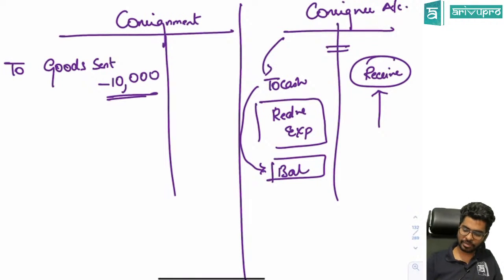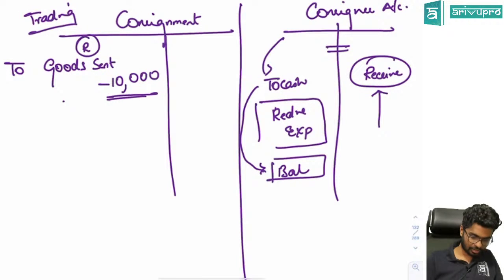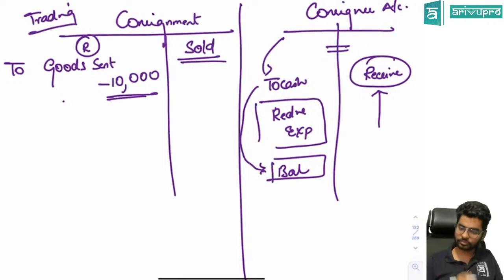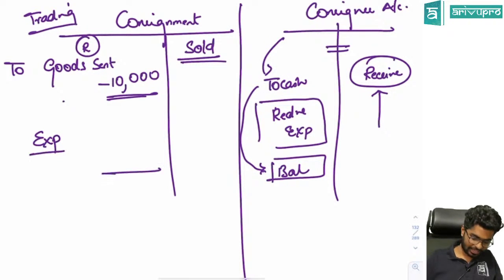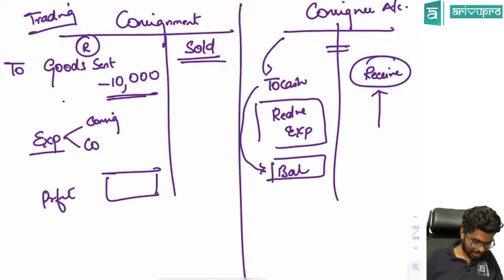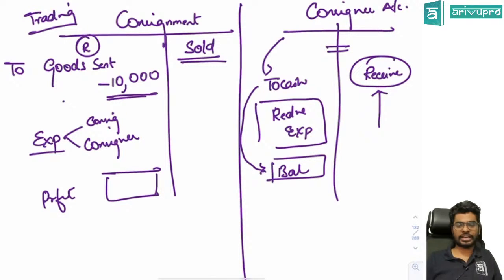And the consignment account works like a trading account. You have your goods received, here goods sold, then expenses, and finally you will end up getting the profit. Expenses will be both consigner and consignee. If you guys want, write this down somewhere. If you know this properly, journal entries are extremely easy in consignment account.